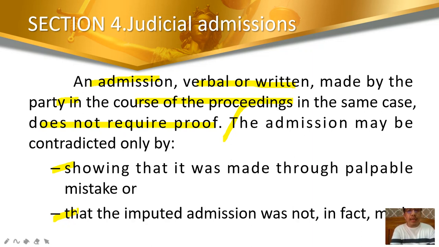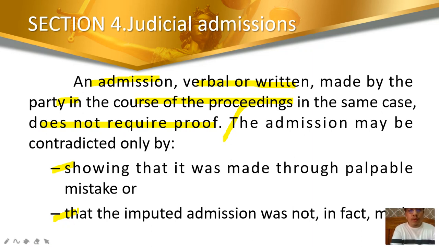Example, a case of rape filed by G against H. During the cross-examination, if G admits na walang rape na nangyari, but instead there was a consent on her part, may nangyari sa kanila but walang rape, yung sasabihin niya na yon will be considered a judicial admission which does not require proof as to its truth or falsity.